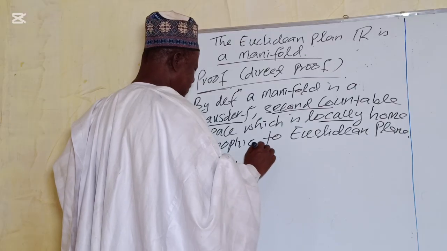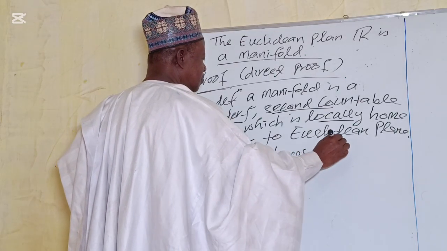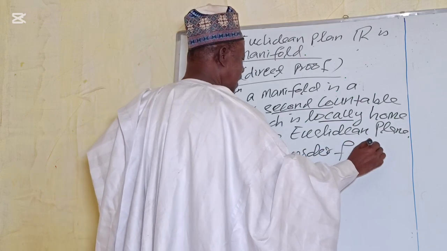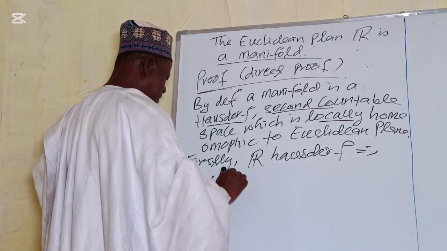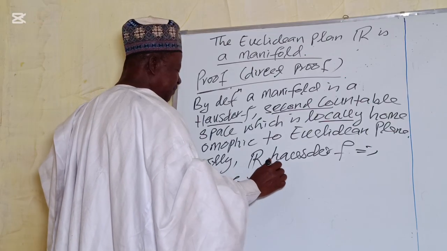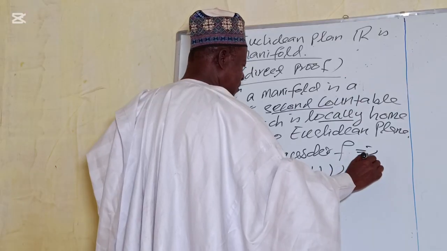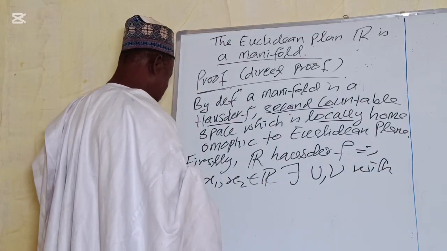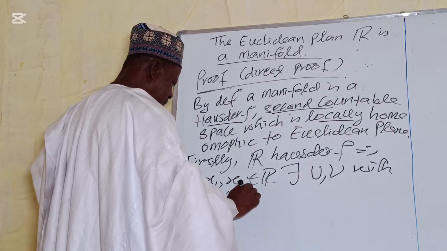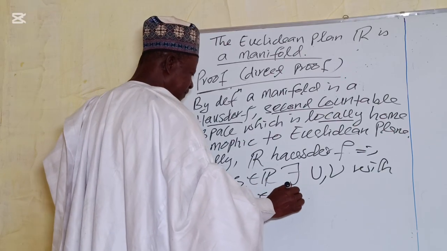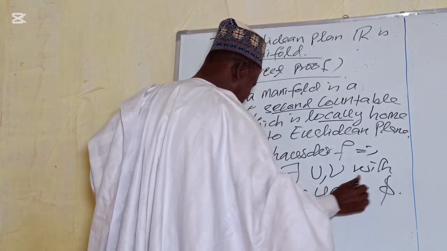R Hausdorff will imply that for any x1, x2 you pick in R, there exist some U and V with x1 in U, x2 in V, and U intersection V is empty.